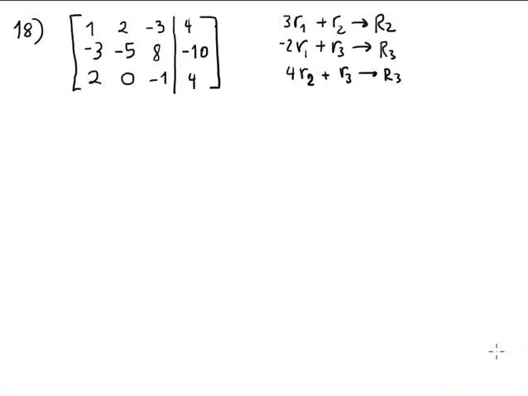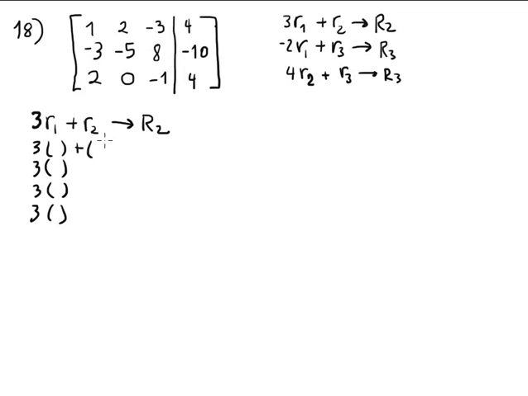Okay, question 18 is similar. It's again, on this matrix, you perform this row operation. Let's organize. This is the first one: 3 R1 plus R2, store in R2. Copy 3 four times, parentheses, plus the element in row 2.